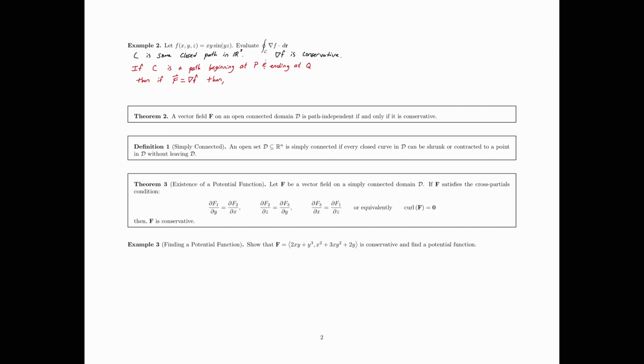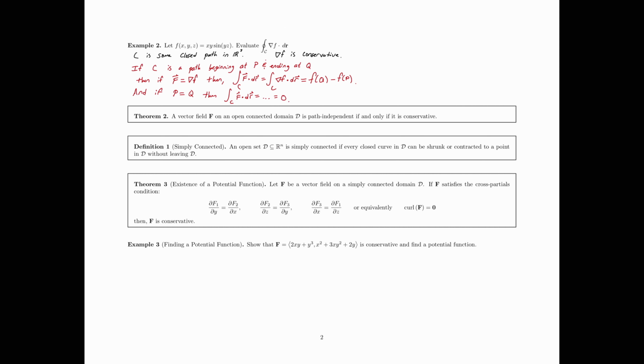So if that's true, then the line integral over C, F dot dr, which is the same thing as the line integral of gradient of f dot dr over C, this is f of q minus f of p. But if p and q are the same, in other words, the path is closed, the endpoints are the same, then if these two things are the same, this has to equal 0.